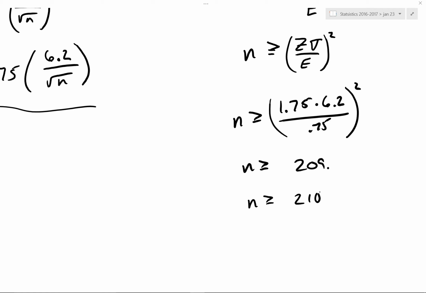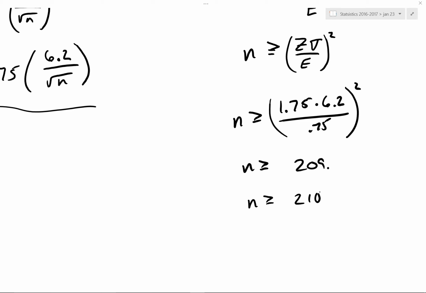In the case of sample size, you have to round up. So then you have to ask yourself, would 209 work? No. Because if you had 209, you'd end up with a margin of error just a skosh bigger than 3/4. And I, by George, want it less than 3/4. So I'll round it up.